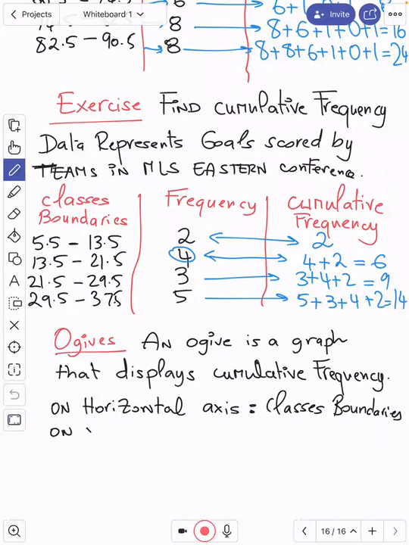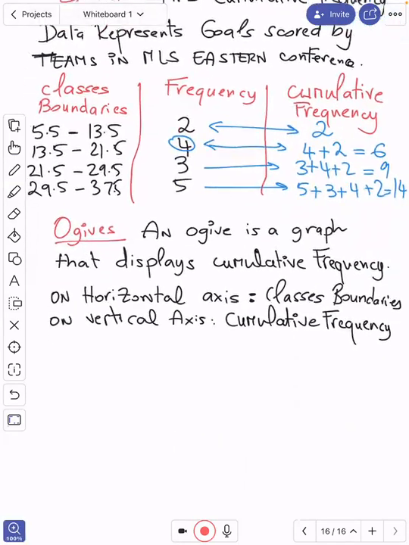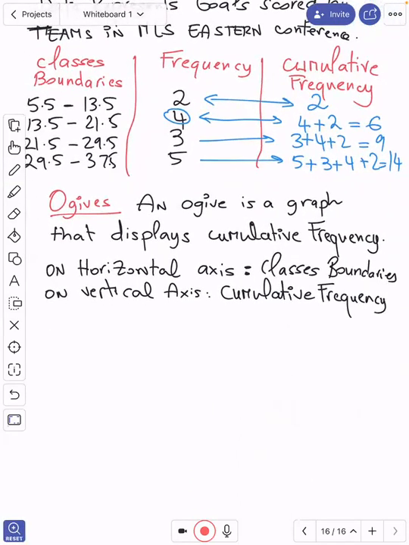And on the vertical axis, we're gonna have the cumulative frequency. All right, so let me show you with an example how it works.